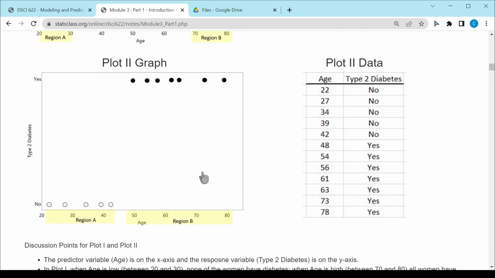Likewise, with the second set of data that I have here, region A is different than region B in that anybody that's less than about 45 years old is not going to have diabetes, and anybody that's at about 50 or higher, I'm going to classify as having diabetes. So I either classify an individual as not having diabetes or having diabetes.